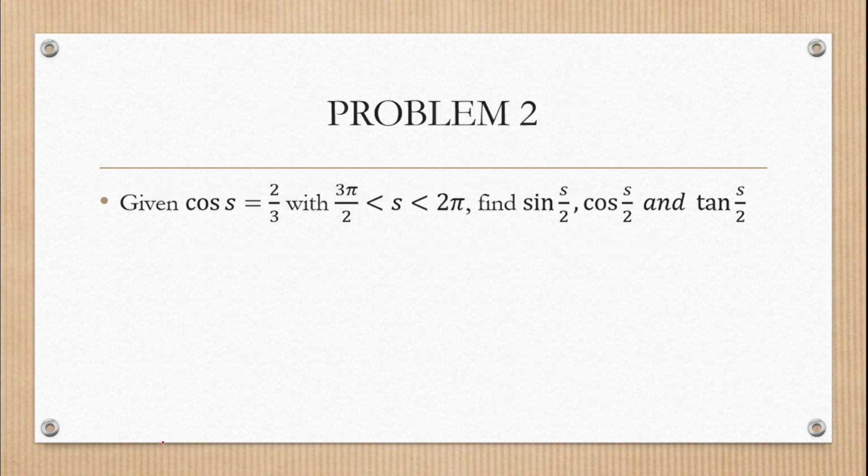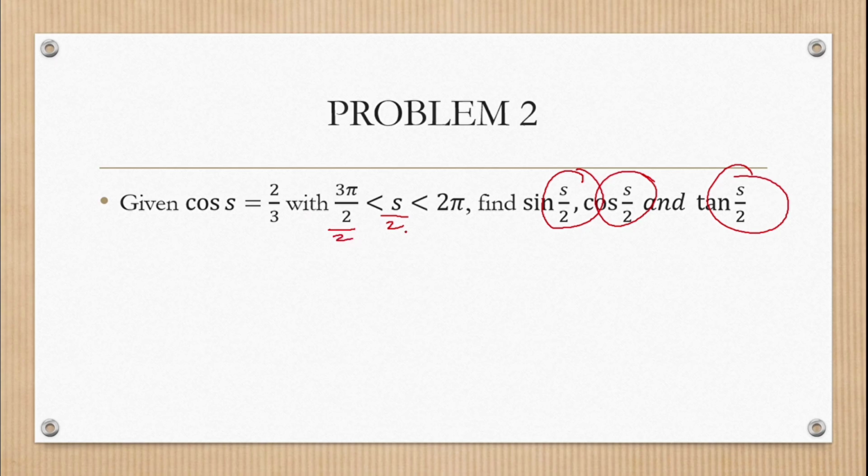So we are now in problem number 2. Cosine s is equal to 2 over 3, with 3 pi over 2 less than s and s less than 2 pi. So first thing that we're going to do, since we need to find the half angle identities for this part, is divide the angle by 2.